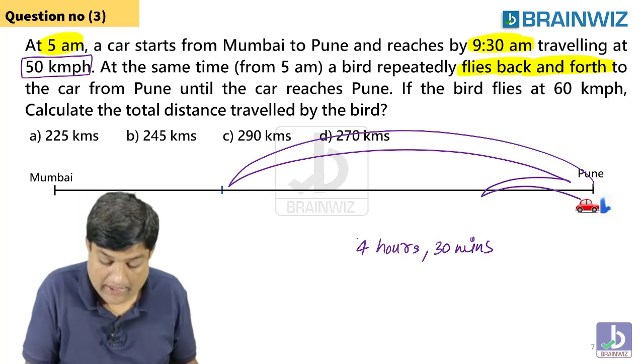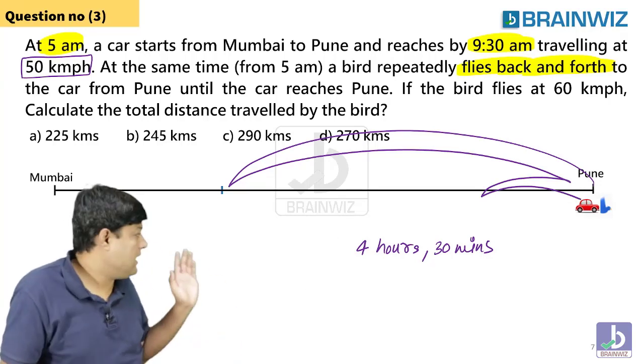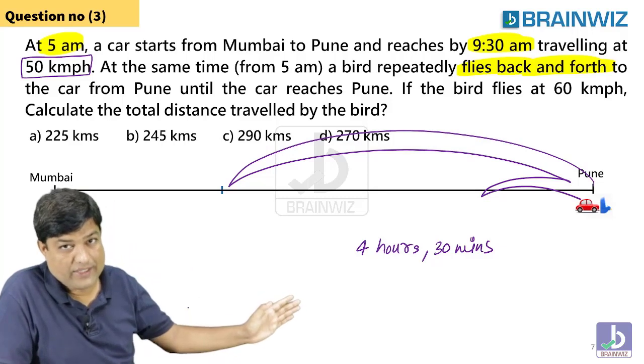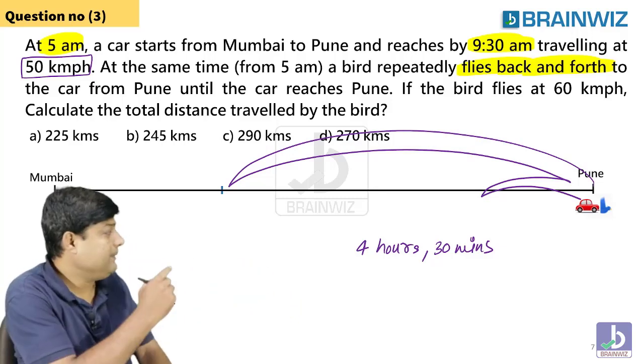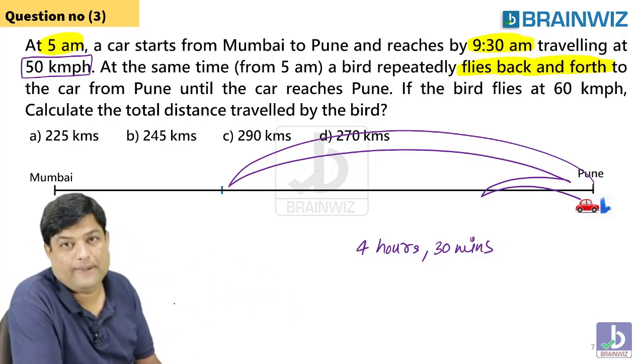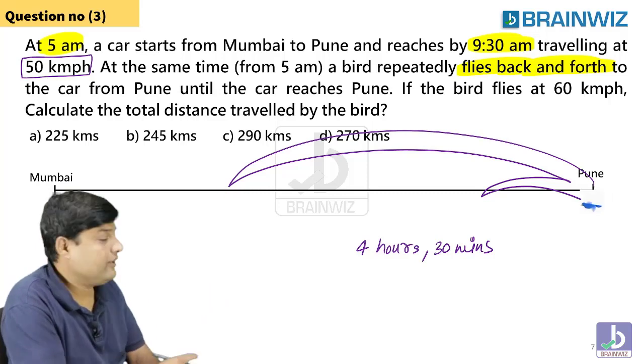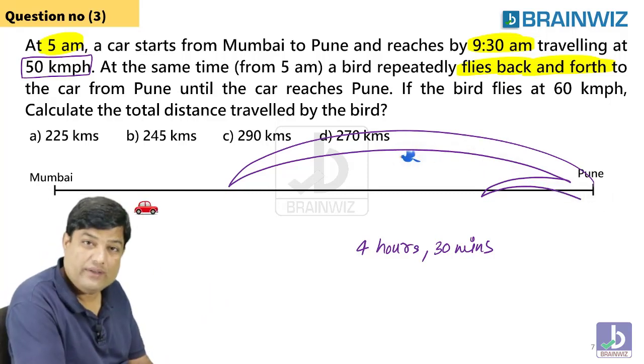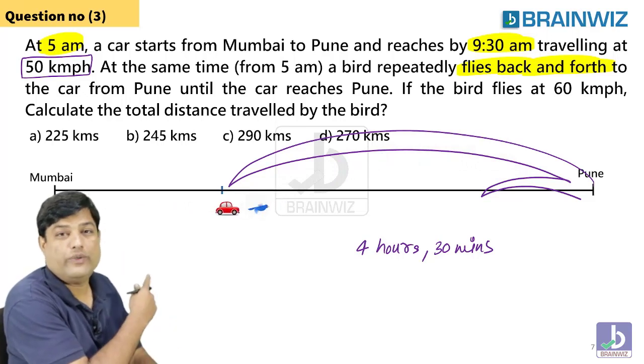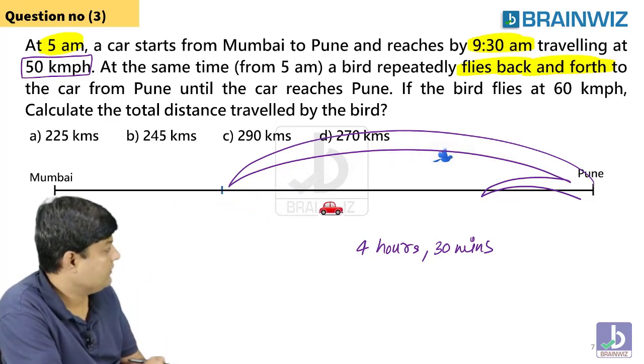So we should know that the time taken by the car to move from one corner to another is the same as the time taken by the bird flying in the air. You can check it out here: the car is moving and the bird is also moving, again the car is moving and the bird is also moving.